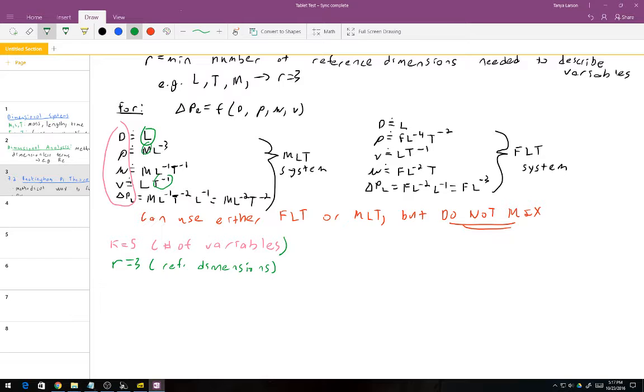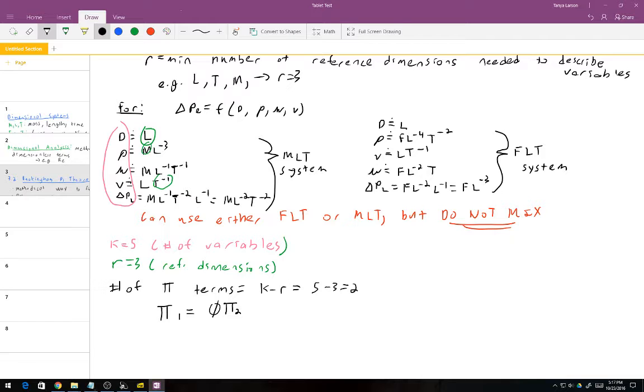And so therefore, the number of pi terms is going to be equal to k minus r, equals 5 minus 3, which is then 2. So what I'm going to end up with is a pi 1 equals some sort of function phi of pi 2.